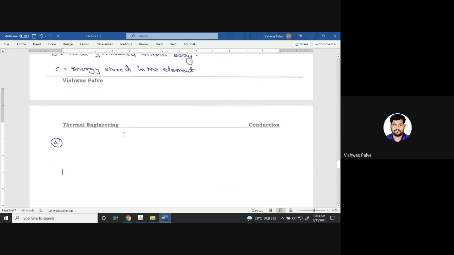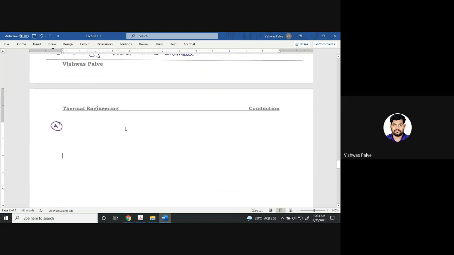Okay. Now net heat accumulated. What is the term? A. So that is net heat accumulated. I will write in the shortcut now. Net heat accumulated in the element due to conduction.